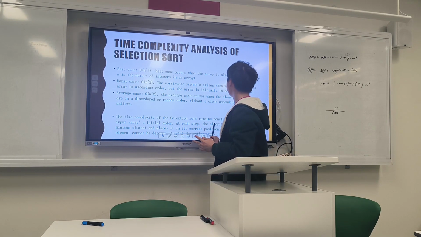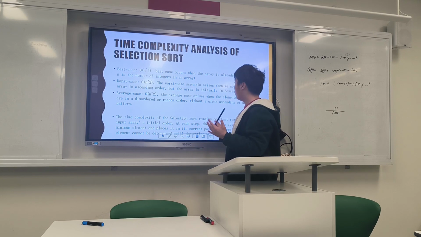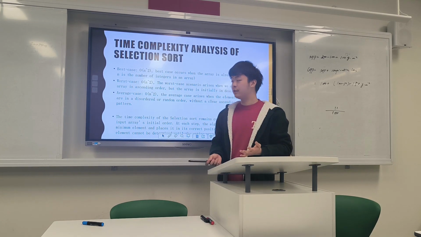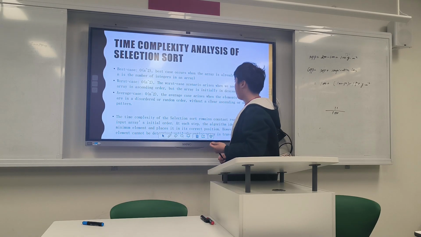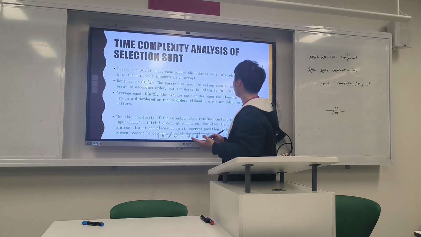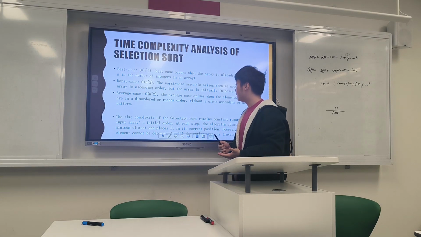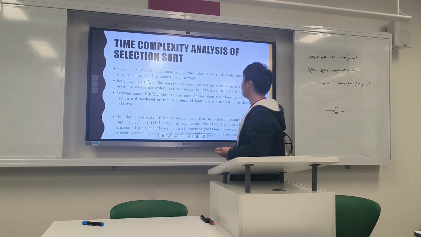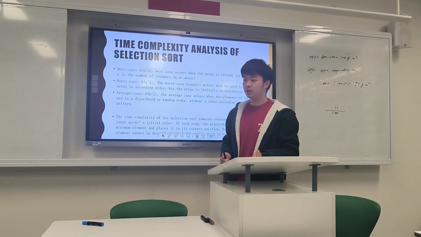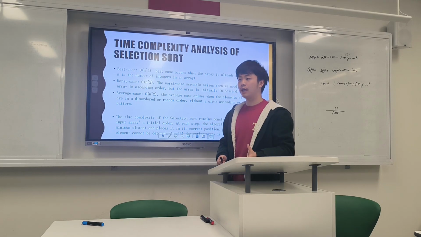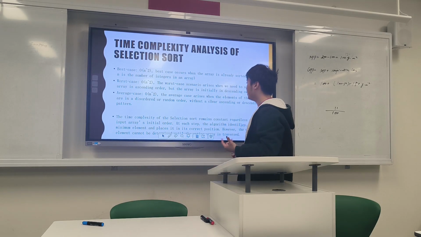And in the worst case, the whole array is in ascending order while we need descending order. So we need to swap every element with its correct place, and in each pass we also need to traverse the whole sequence to get the smallest element.